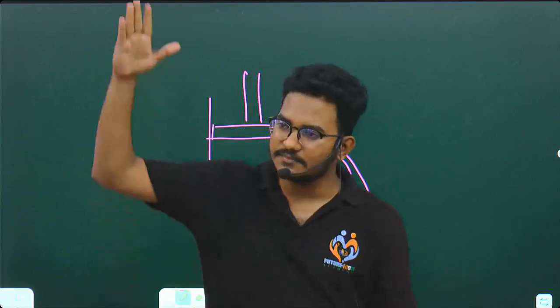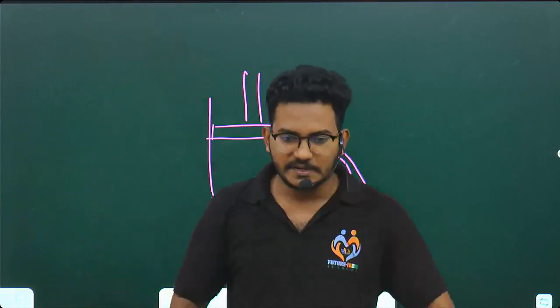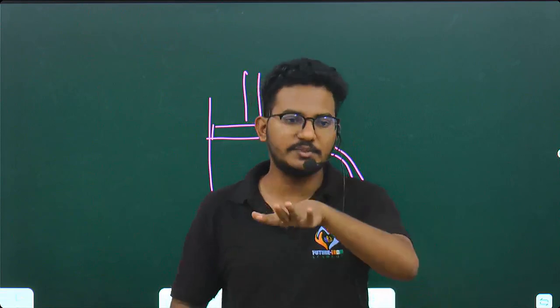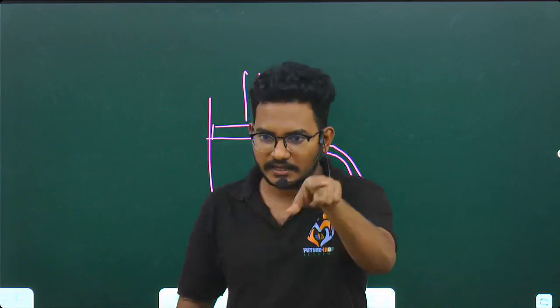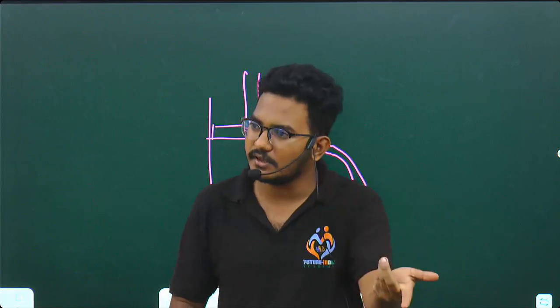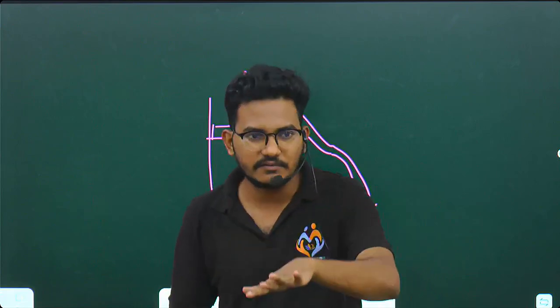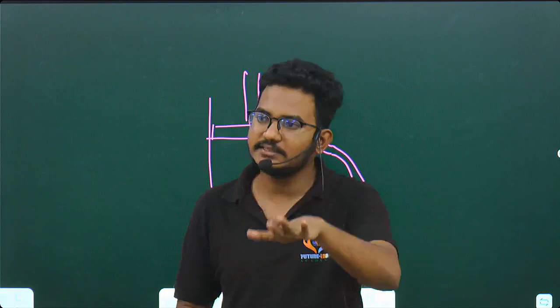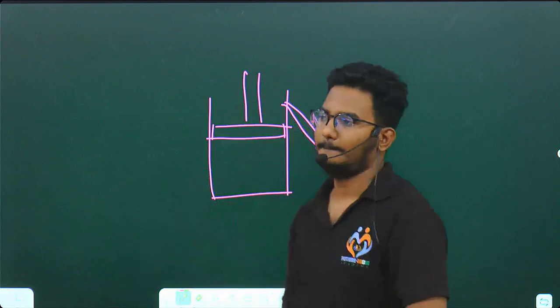Understood? High speeds, rich mixture; low speeds, rich mixture again; but in medium speeds, economy. In your bike, it is shown as economy. Economy means it will save your money. How? A medium fuel mixture will be used, which means less fuel consumption.